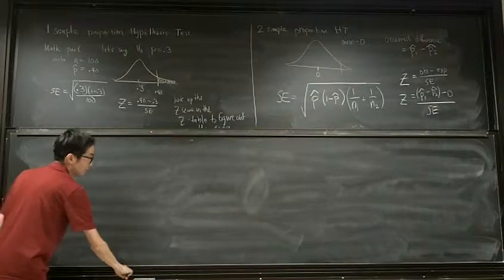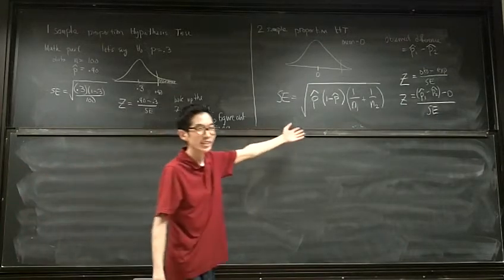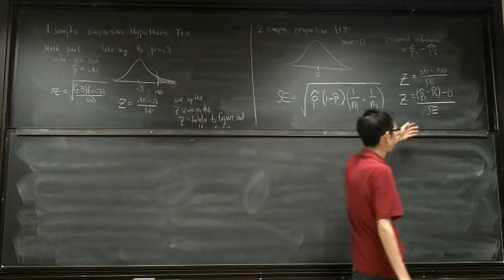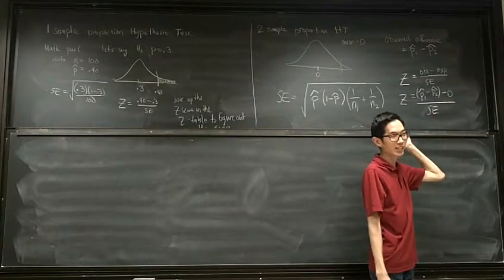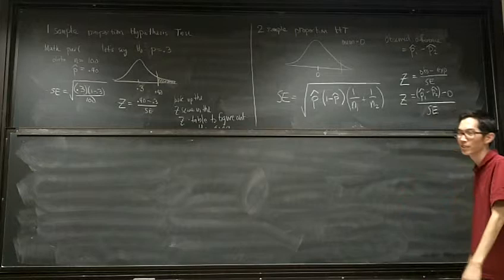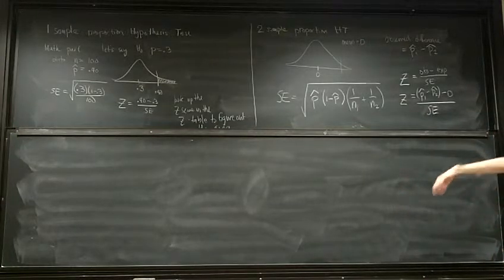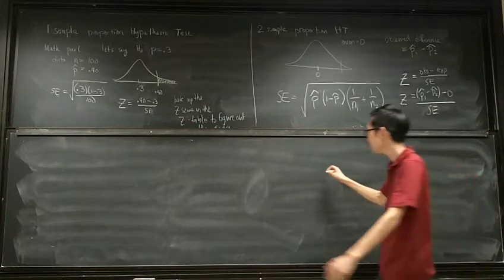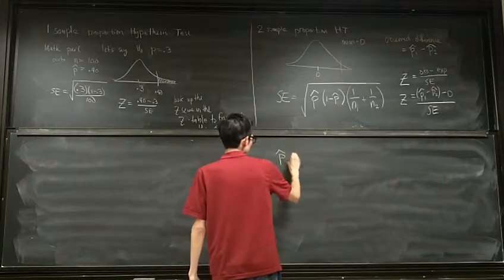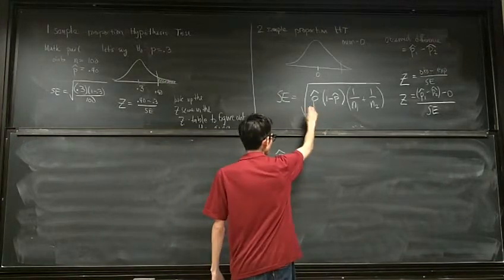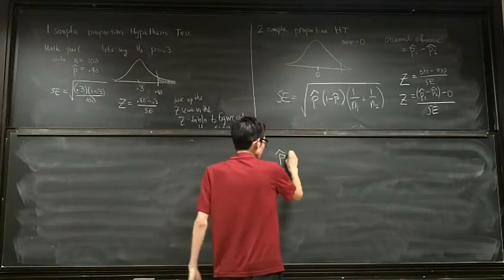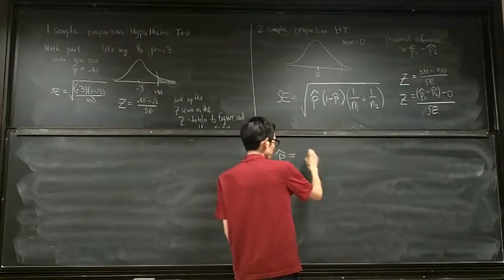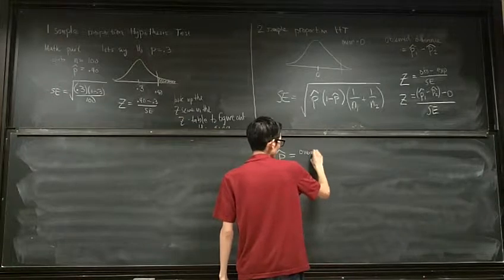Because the thing is, what's p hat? Well, you don't know that, right? Because all we have is p1 hat and p2 hat. Did I ever tell you how to get p hat itself? No. Okay. Now for a two-sample test, p hat for this, and it only applies to the two-sample proportion hypothesis test, p hat is the overall proportion from the data.